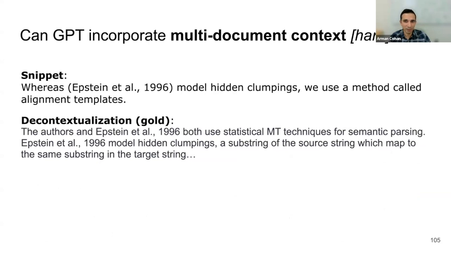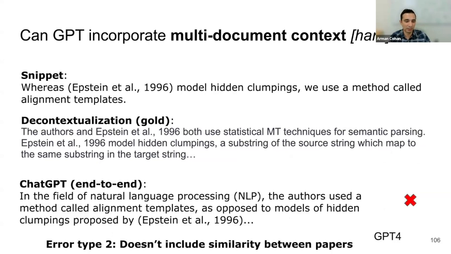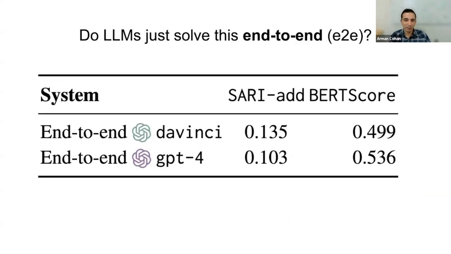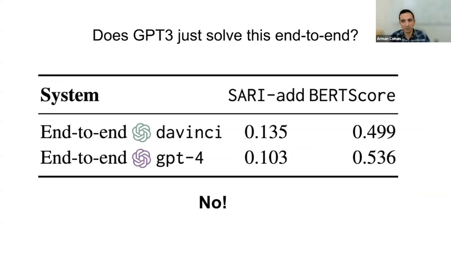And in multi-document context, the situation was even worse. For example, they didn't understand what is the actual similarity between these papers. So they couldn't connect the exact information that you would need to contextualize that snippet. So the answer to this question is actually no, the LLMs cannot solve this task end to end.